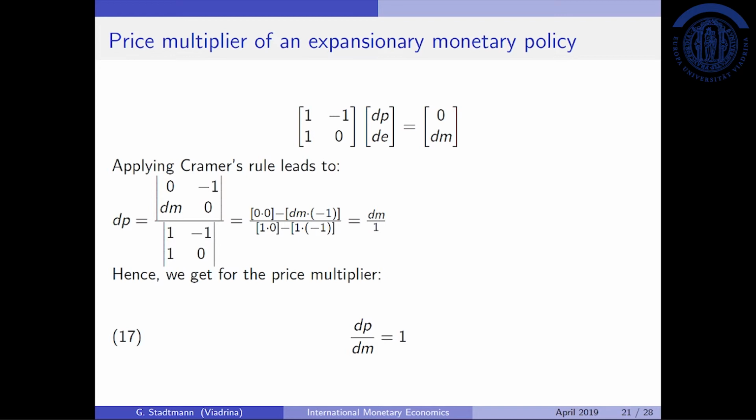The product of the main diagonal, 1 times 0, minus the elements on the side diagonal, -1 times -1. Hence, the denominator takes a value of -1, and then we get for the price multiplier, dP over dm is equal to 1. This indicates that when the central bank increases money supply by 10%, goods prices will also increase by 10%. So we have a proportional reaction of the price level with respect to this monetary shock.